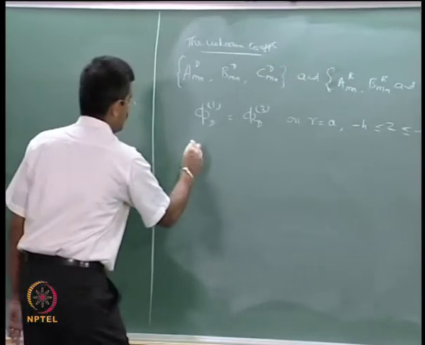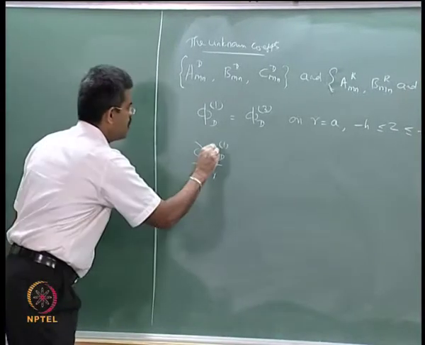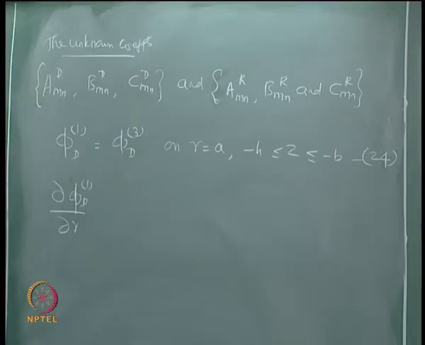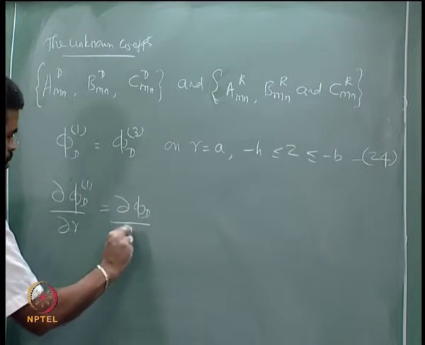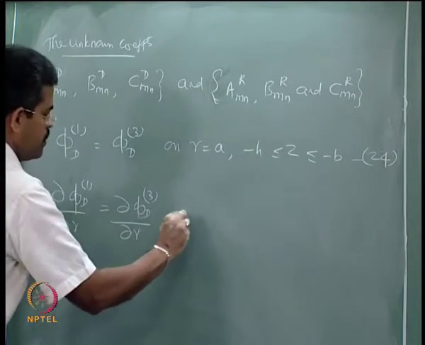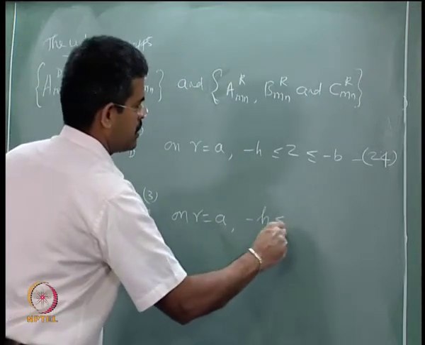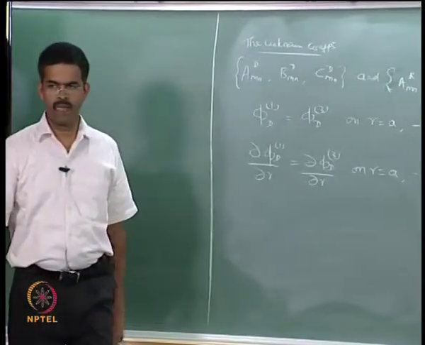So now on r equals a and the variation is also true, it is an open domain again.